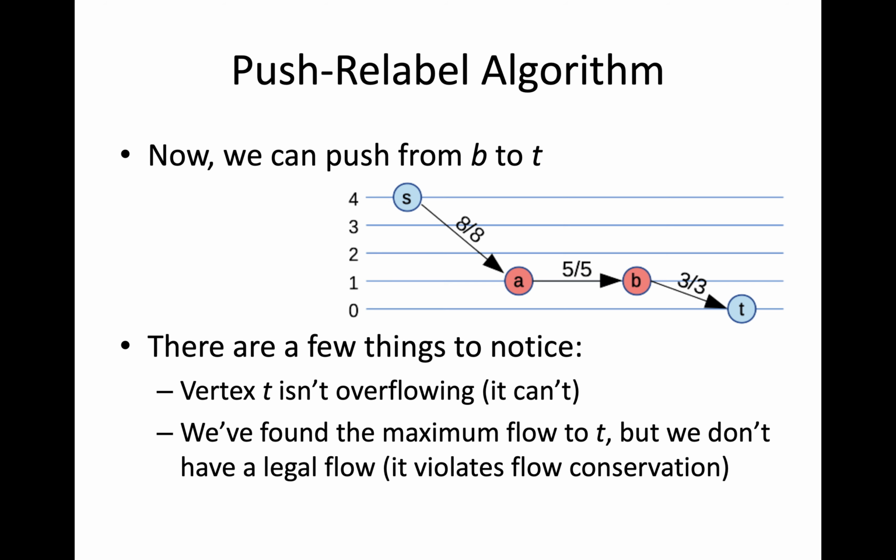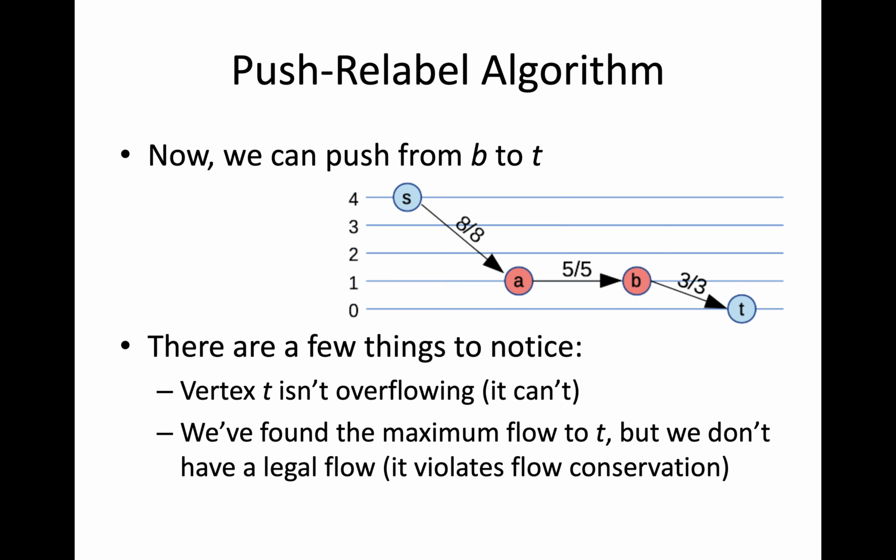But I'm not done because I don't quite have a flow yet. At least I'm not following the rules of a flow. I'm following these relaxed rules for a preflow, because A and B are still overflowing. The nice thing is, for this algorithm, I don't have to do anything extra to fix that. I just keep running the algorithm.